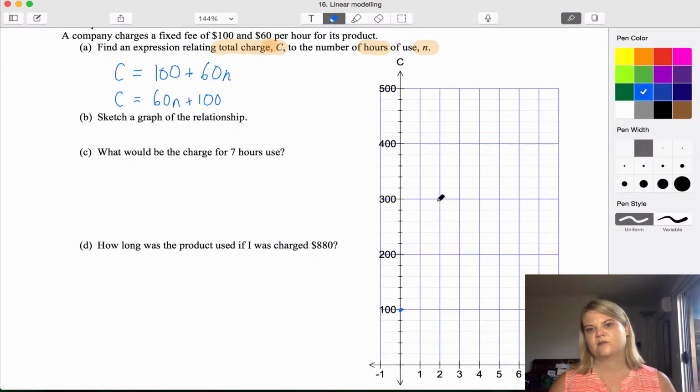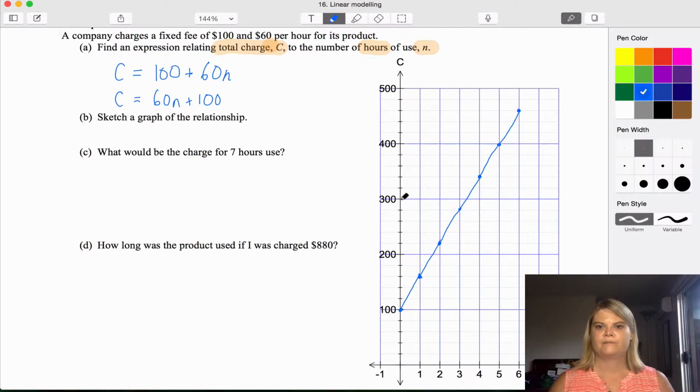It's going to be a positive graph. I'd be using the gradient, so go up 60 and across 1, up 60 and across 1, up 60 and across 1. And by now you should have a ruler so you can draw in your graph and join the points.